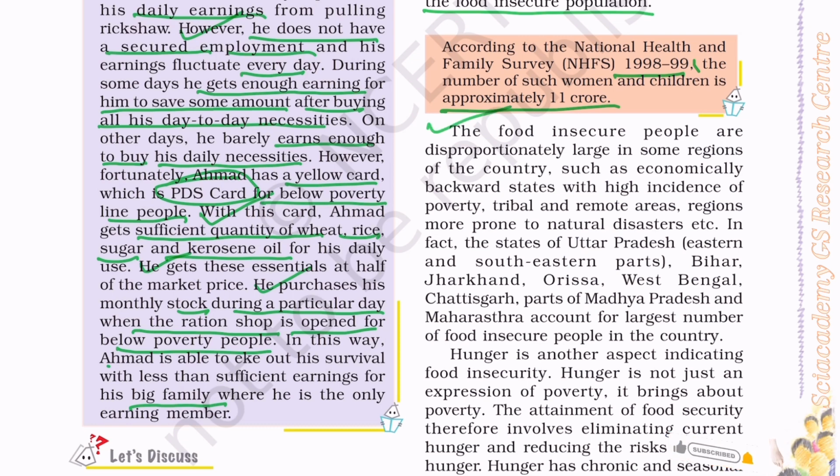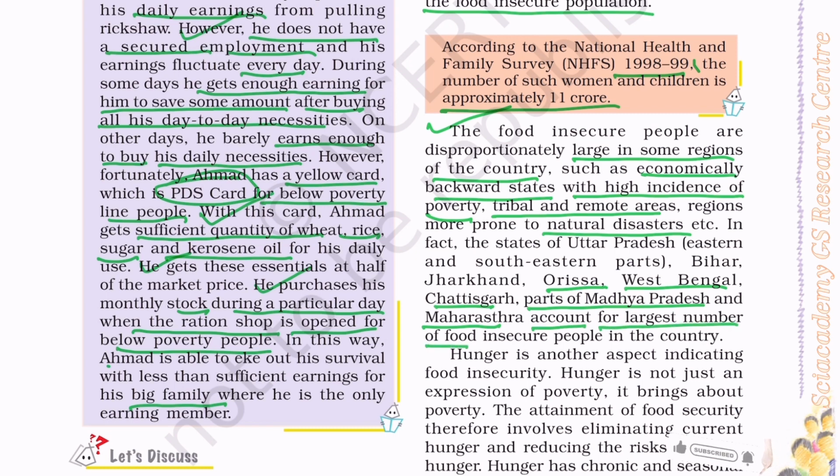The food insecure people are disproportionately large in some regions of the country, such as economically backward states with high incidence of poverty, tribal and remote areas, regions more prone to natural disasters, etc. In fact, the states of Uttar Pradesh (eastern and southeastern parts), Bihar, Jharkhand, Odisha, West Bengal, Chhattisgarh, parts of Madhya Pradesh and Maharashtra account for the largest number of food insecure people in the country.